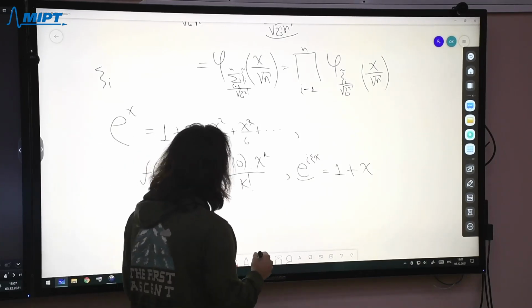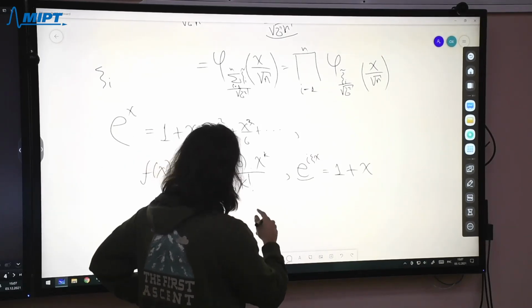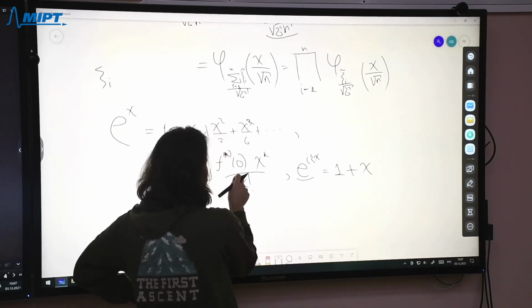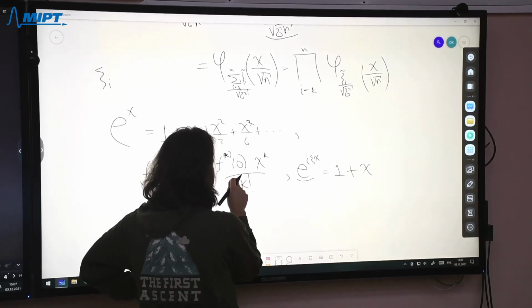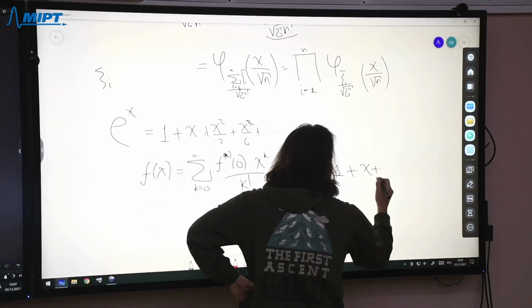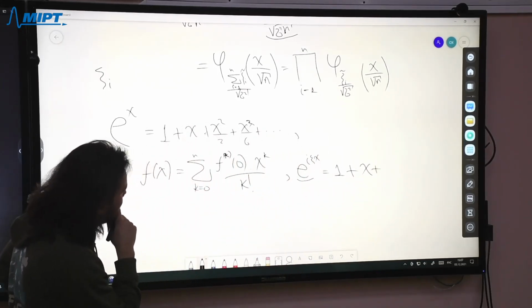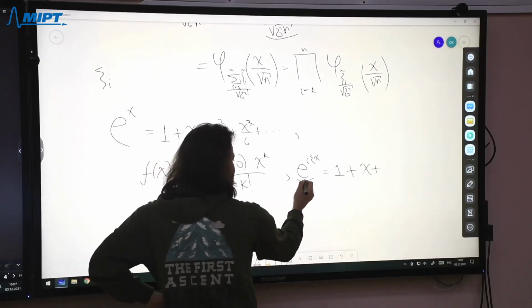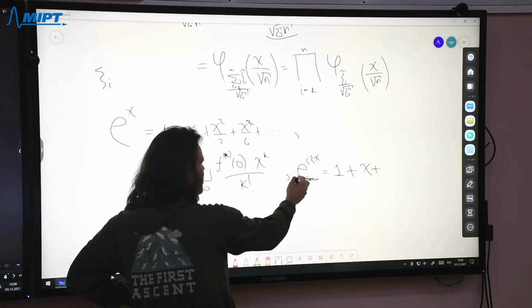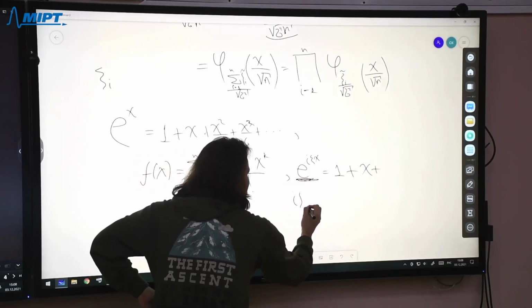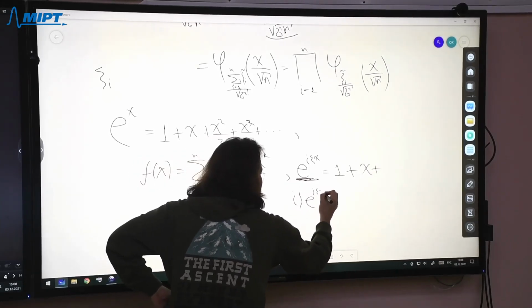Then what do we have for the next one? For the next one, we have the first derivative, and the first derivative is i psi e to the i psi x, right?